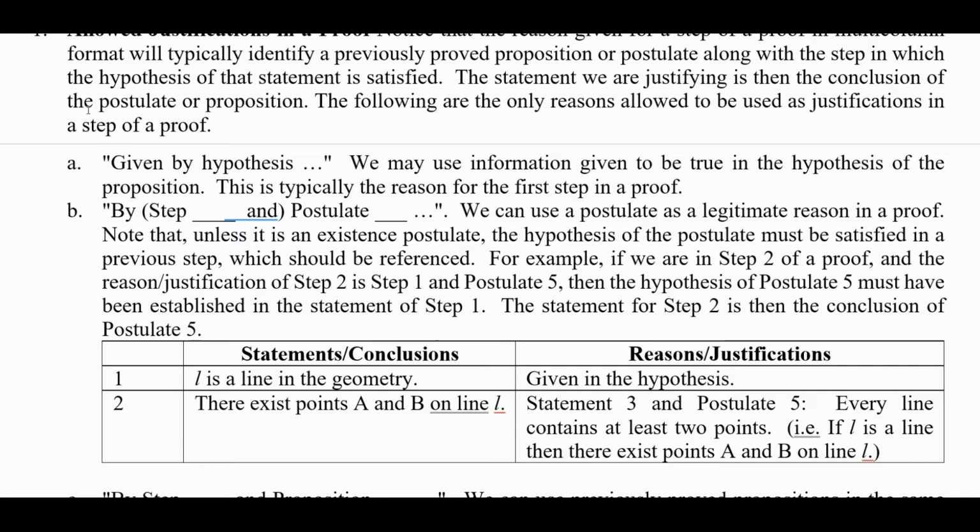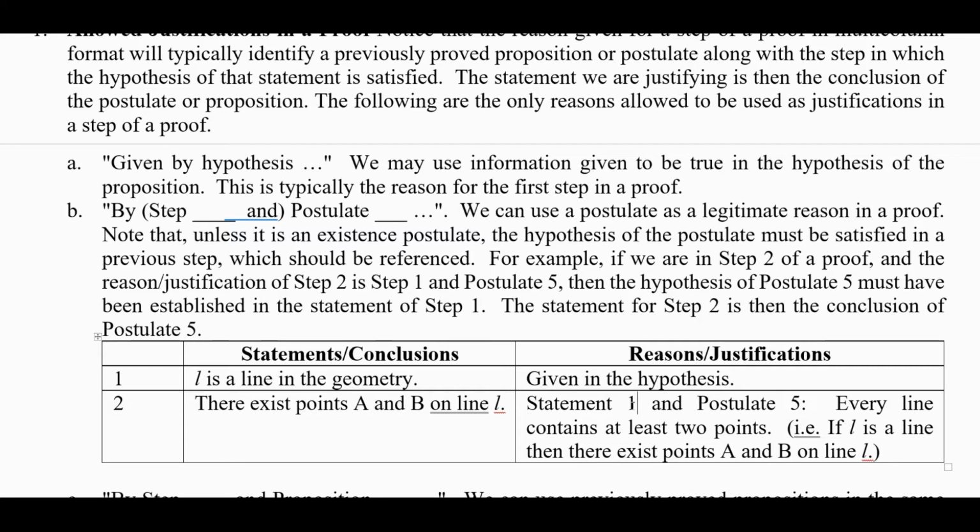Notice we can't use postulate 5 until we first have a line. Well, we have a line because statement 1 says that we have a line. So the hypothesis of postulate 5 is satisfied by statement 1, and so then we conclude the conclusion of postulate 5, which says there exist 2 points on that line, and we might as well give them some name.